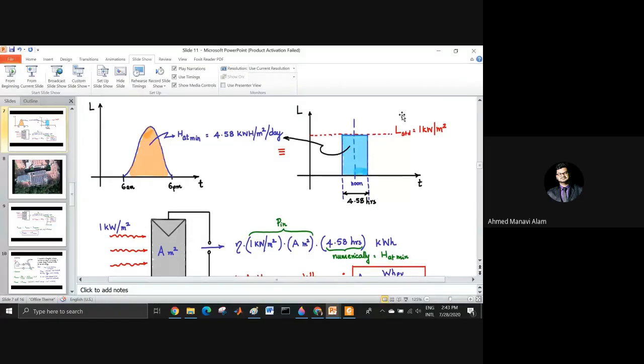Does everyone understand? By taking the standard insolation as 1 kilowatt per meter square, you need to operate your PV cell for 4.58 hours. That means you need to run your PV cell for 4.58 hours.